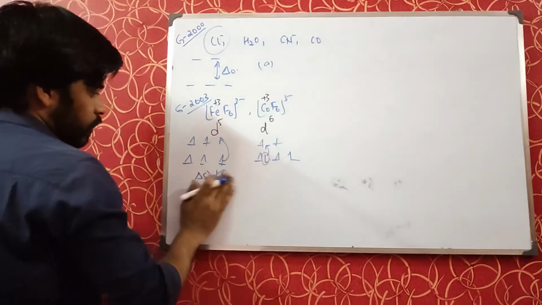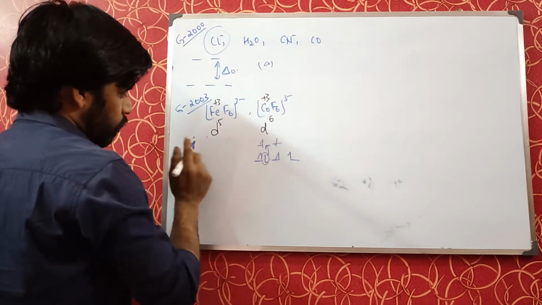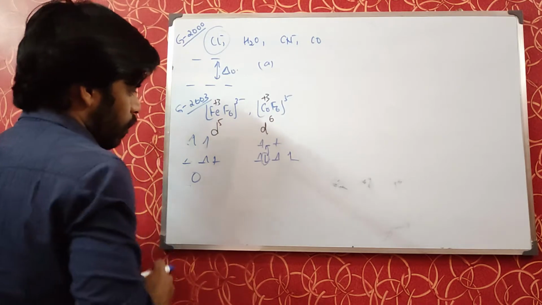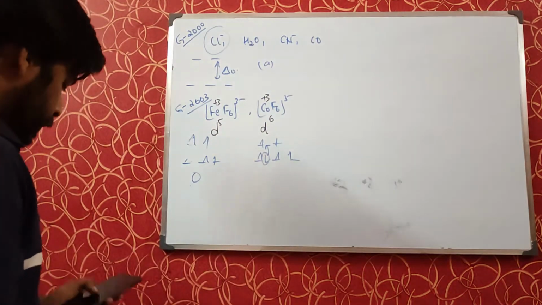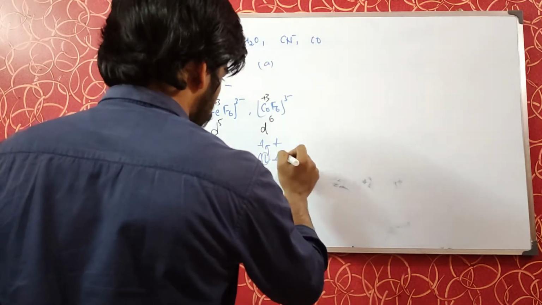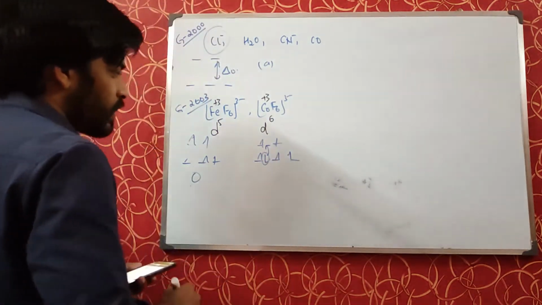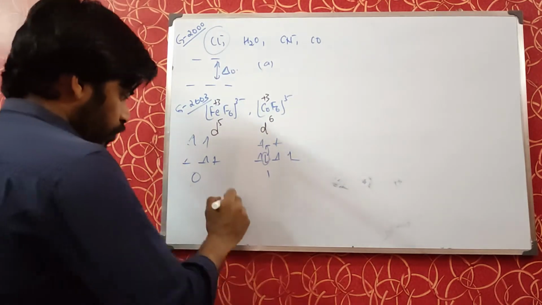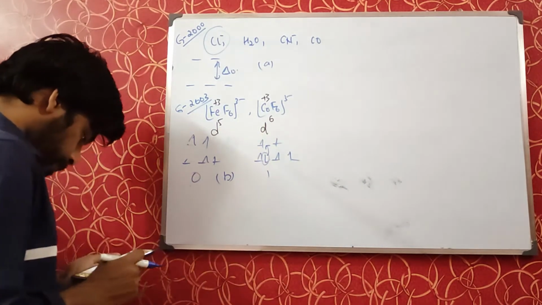My mistake. I am extremely sorry. So this will be 0 allowed transitions, and this should be 1 allowed transition because the other one would involve some change in the multiplicity. So there is 1, which is given in your option number B.